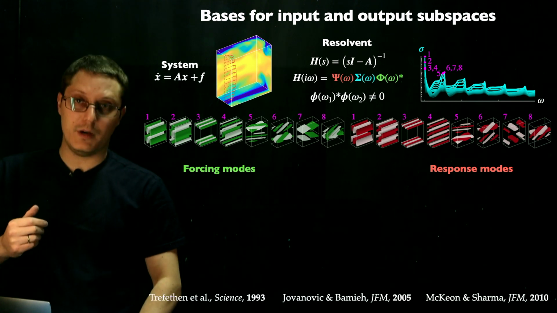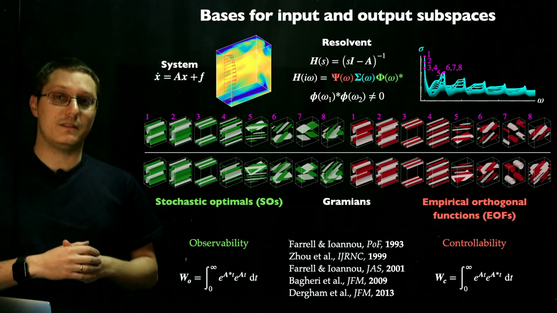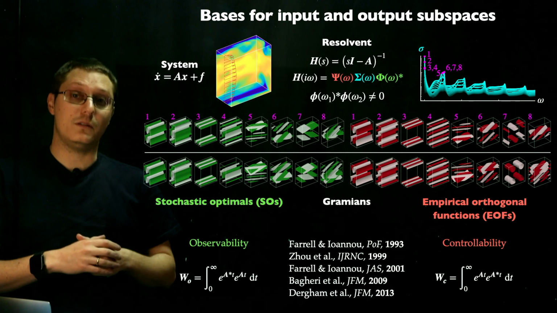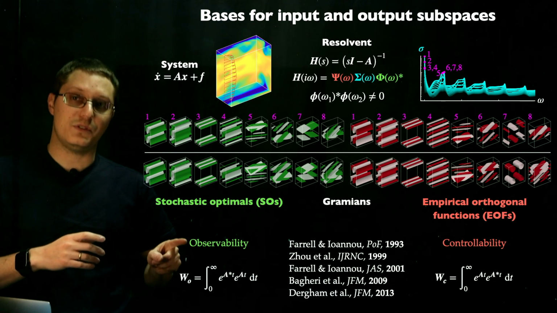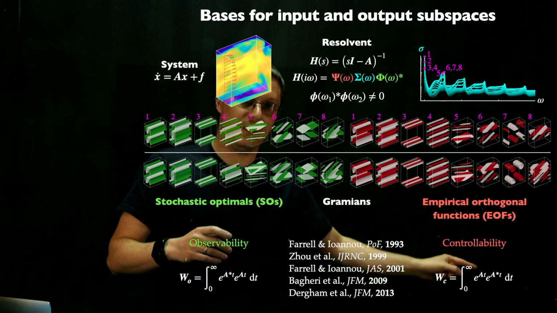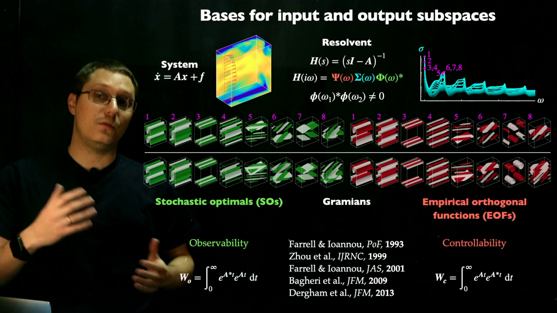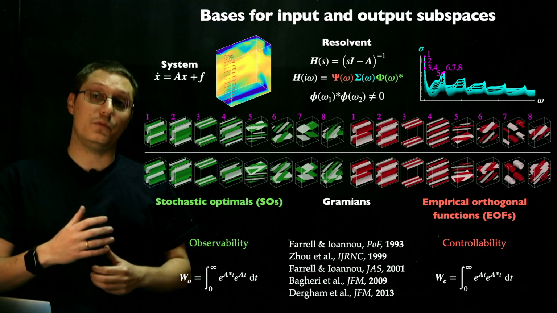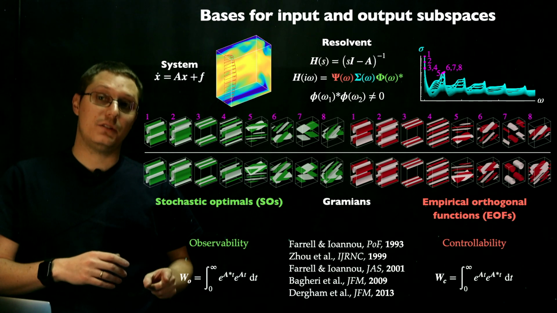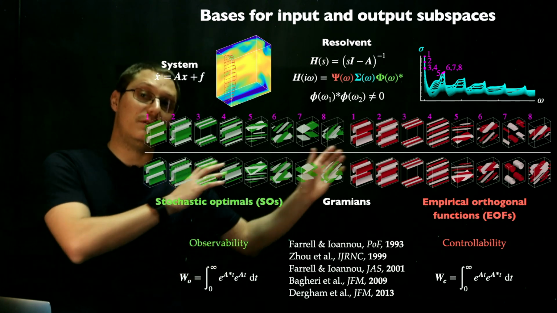However, there is a much more principled way to achieve this, which is using the Gramians. So the Gramians are matrices that come up in control theory, and this is the observability, this is the controllability Gramian, so this matrix is right here. And this is for the case of full state inputs and outputs. And the eigenvectors of these matrices are also representative inputs and representative outputs.